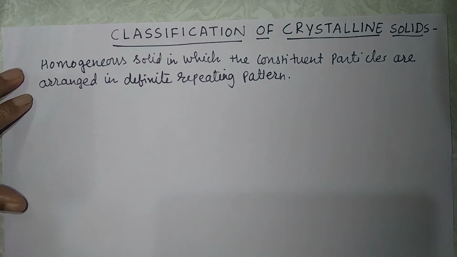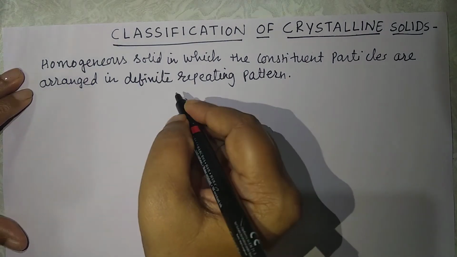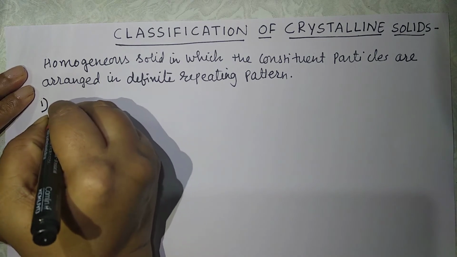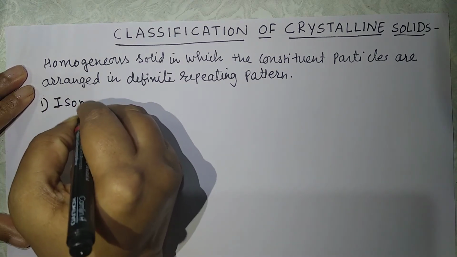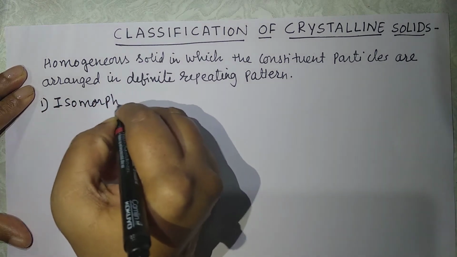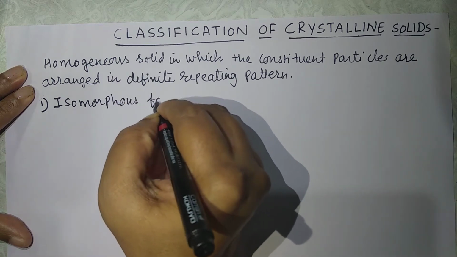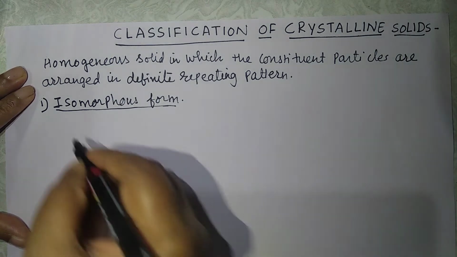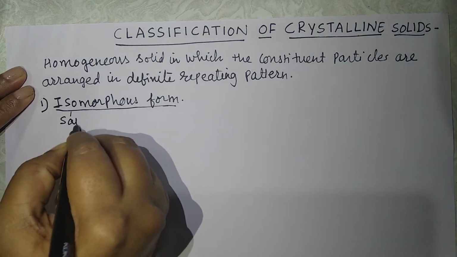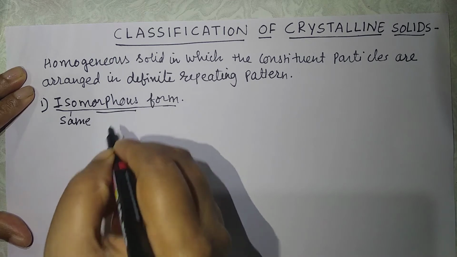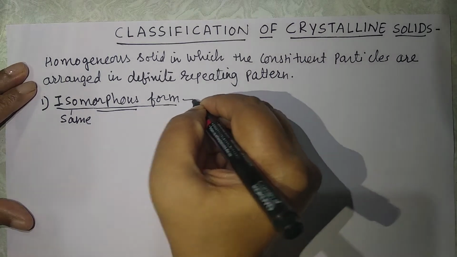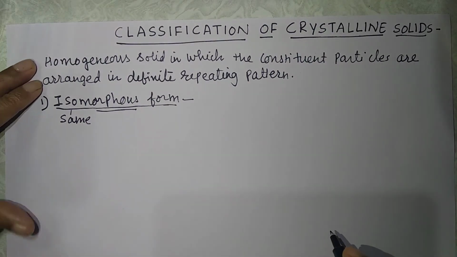Now crystalline solids are further classified into two types or forms. The first is isomorphous. Iso here means same and morphous means form. Two or more substances having the same crystal structure, we call them isomorphous.